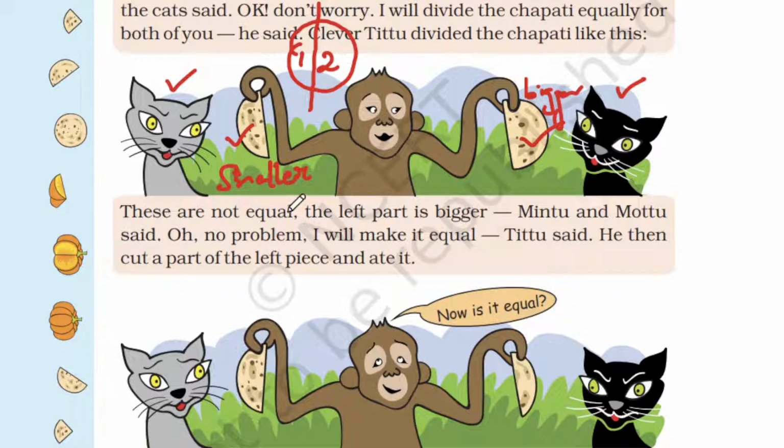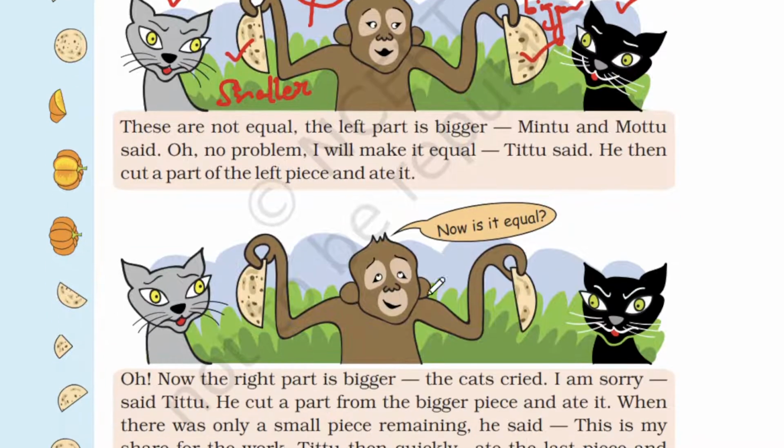"These are not equal. The left part is bigger," Mintu and Motu said. "Oh, no problem. I will make it equal," Tintu said. Then he cut a part of the left piece and ate it.